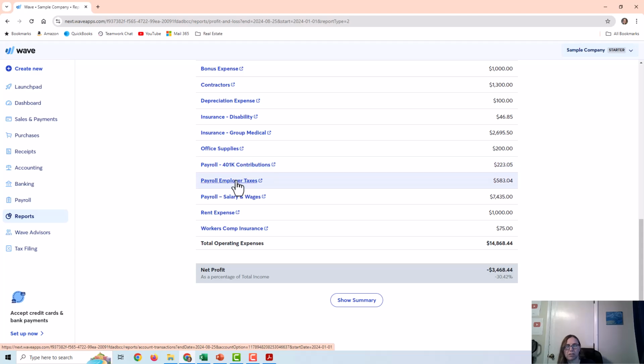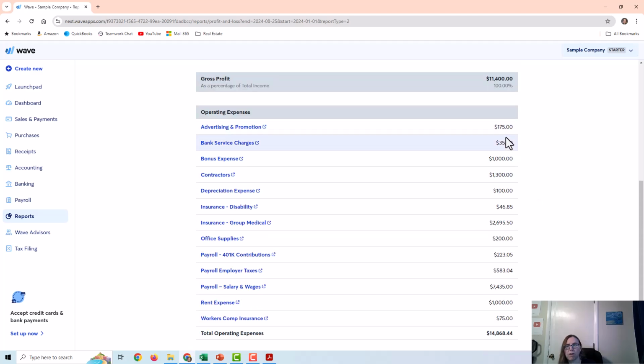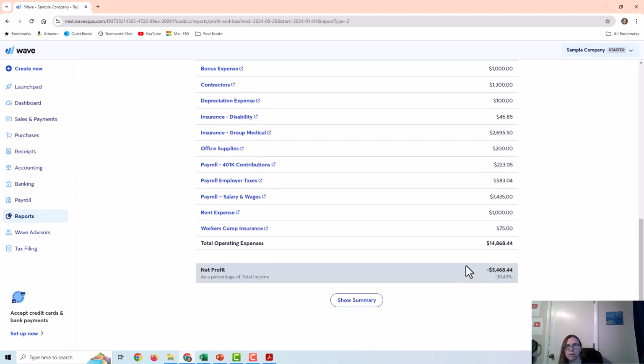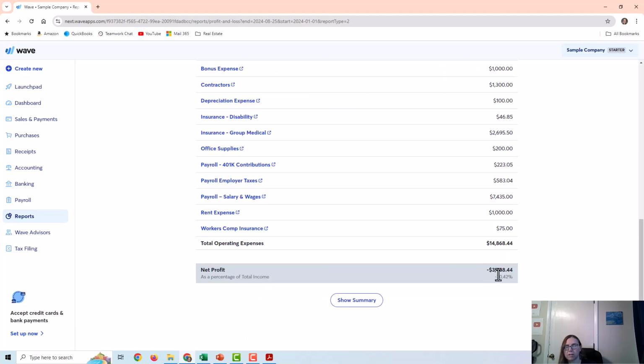And then I showed payroll employer taxes, which would be your FICA taxes, unemployment taxes, and things like that. And then of course, gross wages would be salary and wages. And then we had workers' comp insurance of $75. So all of those were expenses that subtract from income, and then that's going to equal your net profit or net loss.